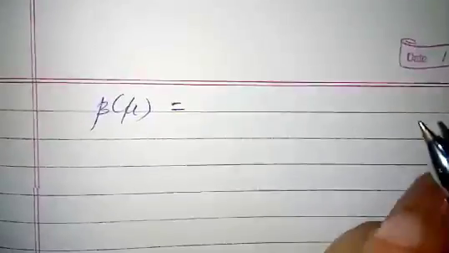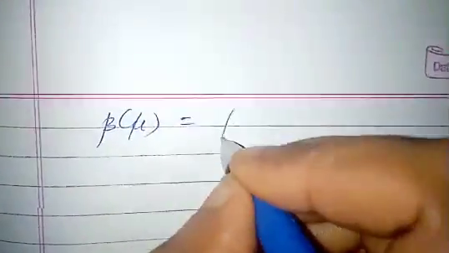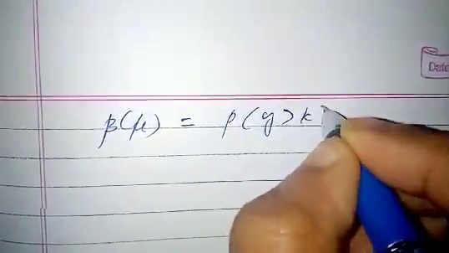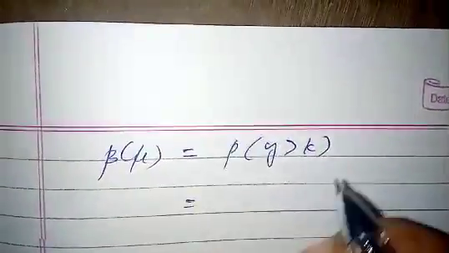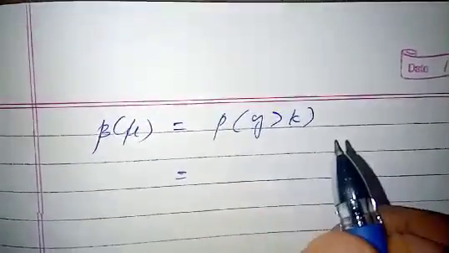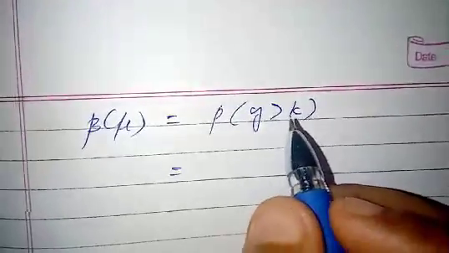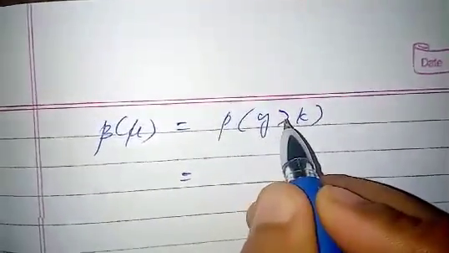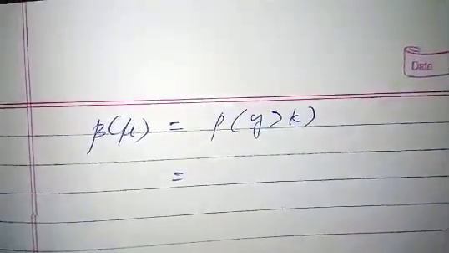That is beta of mu. So you can write this probability of y greater than k, as here y follows normal with mean mu and variance sigma naught square, so we can transform this normal variable into a standard normal variable.